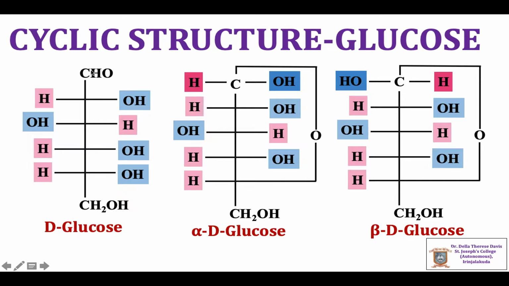The CHO group reacts with the OH group of carbon number 5. CHO and the OH of carbon number 5 react to form hemiacetal, and thus we get a cyclic structure.